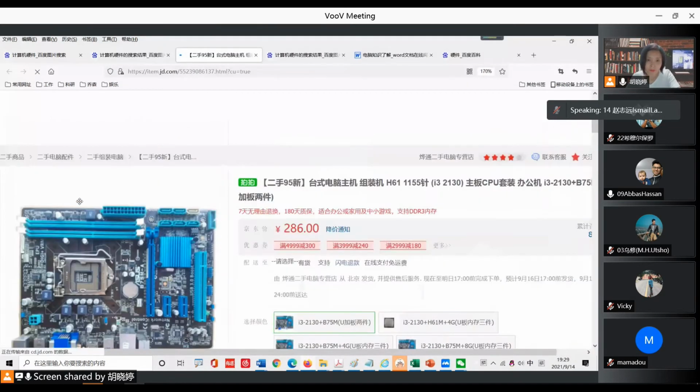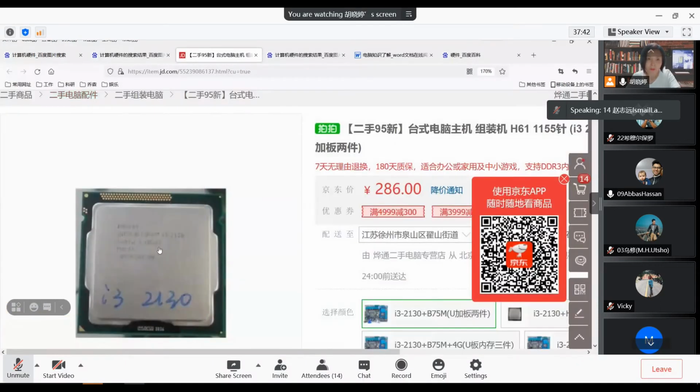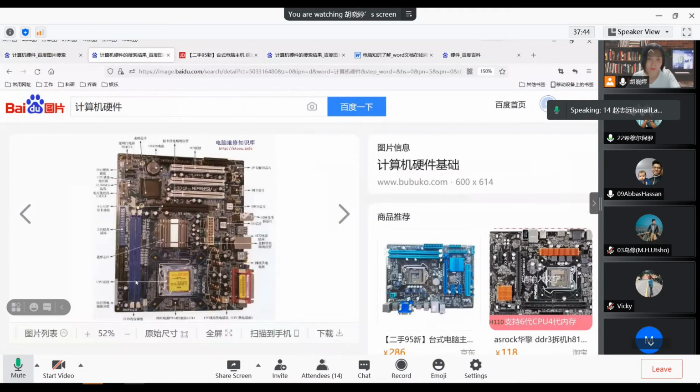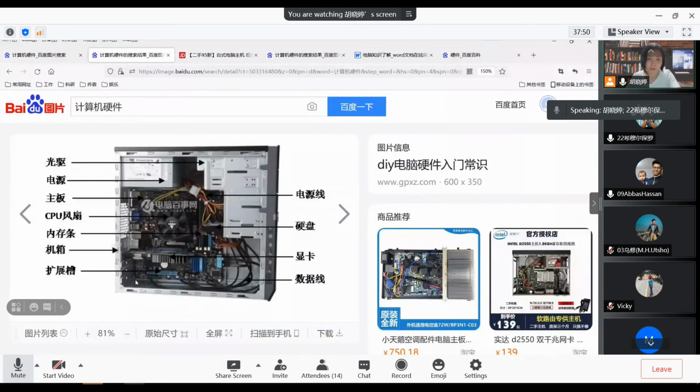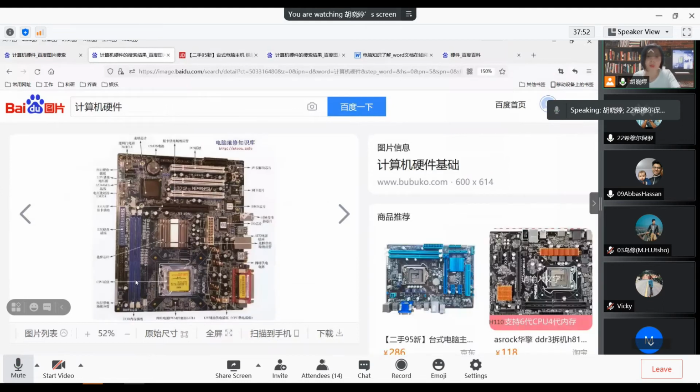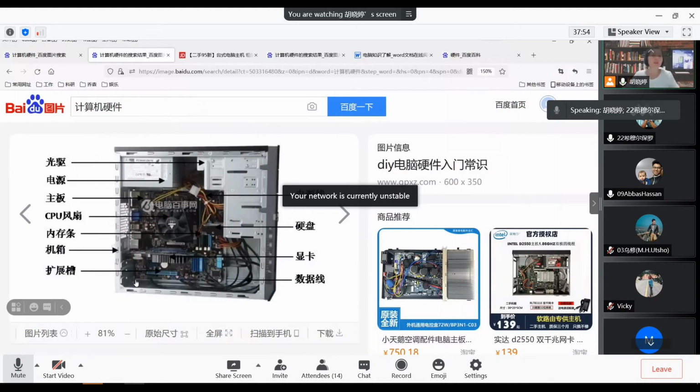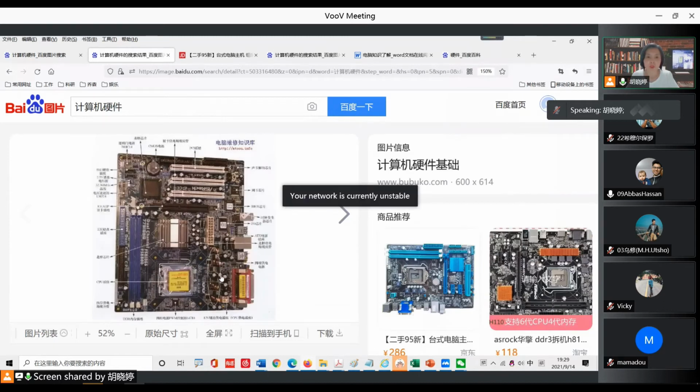It's the motherboard where you can put the CPU and the RAM. CPU is the complexity. It is a special fixed circuit IC. That is the mainboard for your computer.